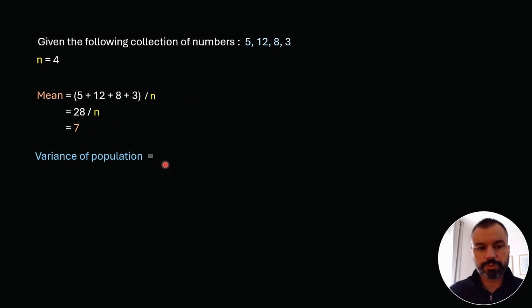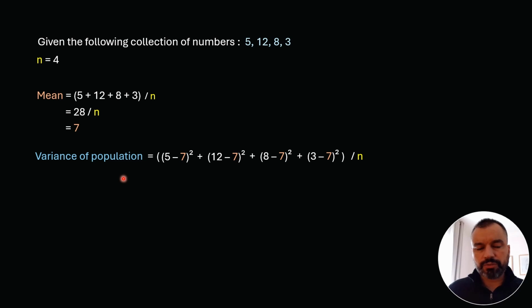The variance of the population would be equal to the squared difference between 5 and the mean, 5 minus 7, plus the squared difference between 12 and the mean, plus the squared difference between 8 and the mean, and the squared difference between 3 and the mean. And we divide by n.